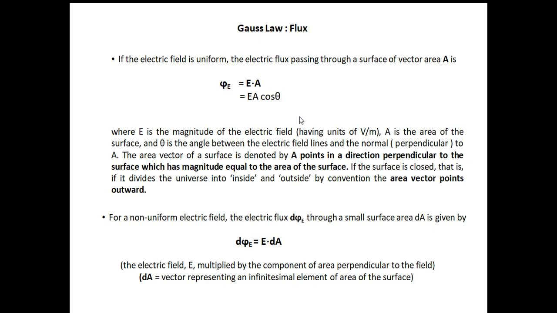Then if your electric field is non-uniform, then electric flux is d phi E. It's a differential flux through a small surface area dA, and it is given by d phi E equal to E dot dA. Again, E is electric field, multiplied by the component of area perpendicular to the field. And dA is the vector representing an infinitesimal element of area surface.